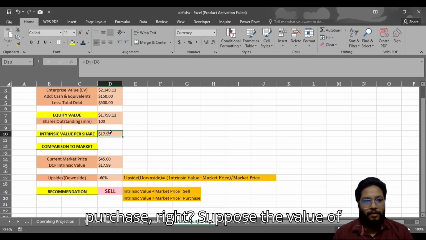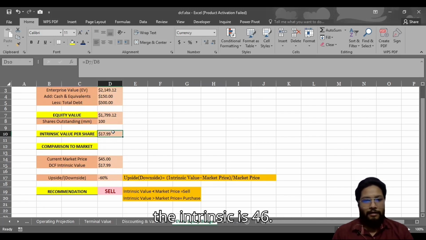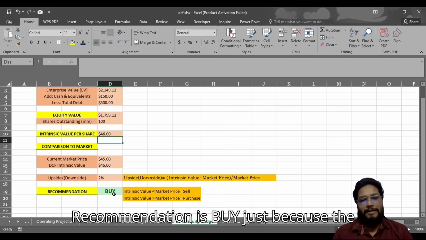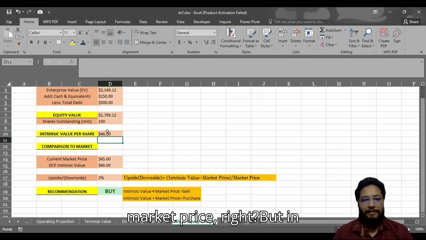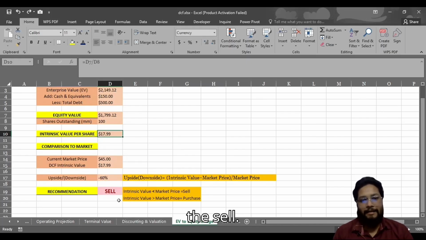Suppose the intrinsic value is 46. Then the recommendation is a buy, just because the intrinsic value is higher than the market price, right? But in this case, the recommendation is a sell.